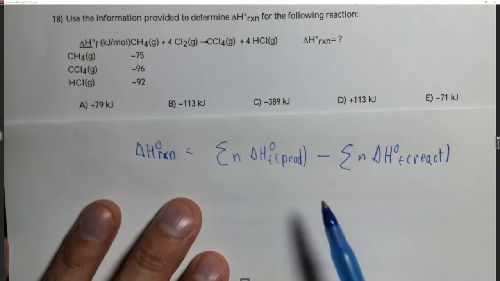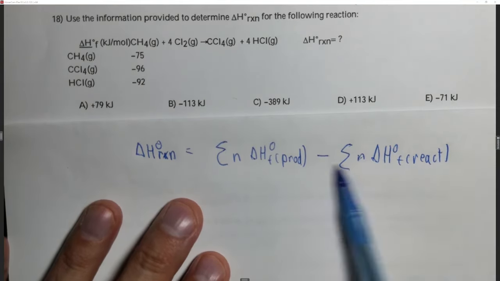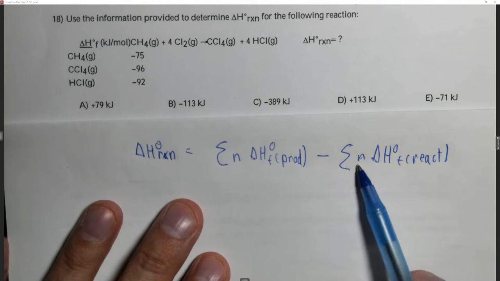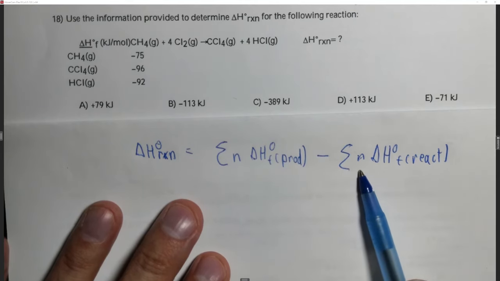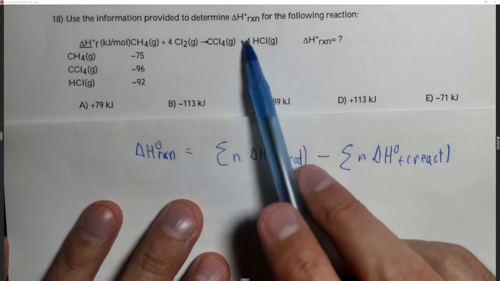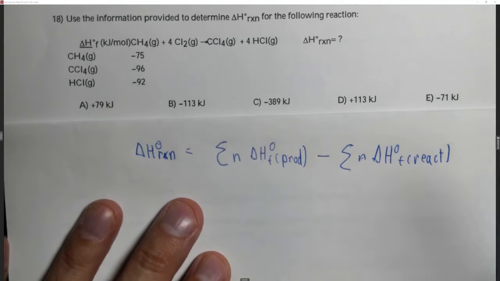And here, you're taking the negative of the reactants. We're destroying the reactants, taking the negative, and we're forming the products. Note that n is the number of moles, because as we just talked about in the previous problem, the enthalpy of formation is the formation of 1 mole. Well, if we're forming 4 moles, it's going to be 4 times as much.